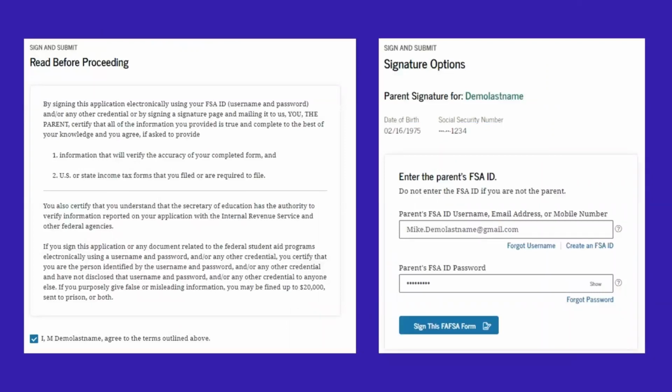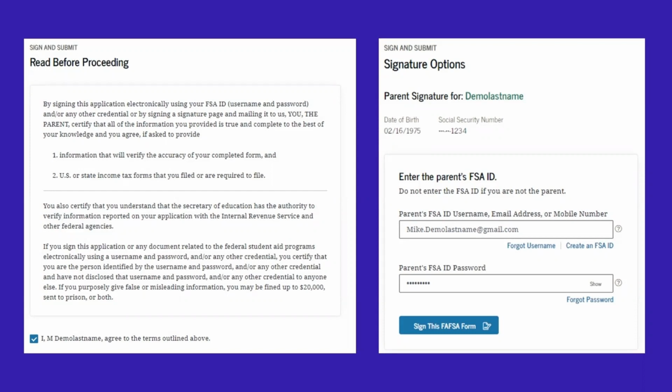They want you to verify that the information is correct and that you understand that your US or state income tax forms that you filed are required to file and to request financial aid. They're also asking for a few other verifications, so make sure you read through that carefully.